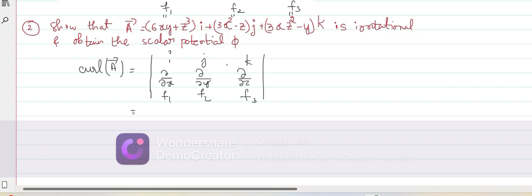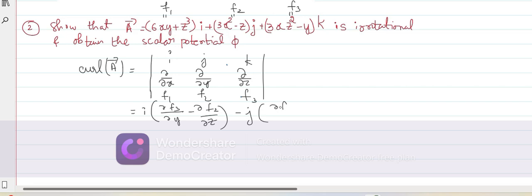Actually this is equal to what? This is equal to i into, so delete the corresponding column and row, calculate the determinant for this. It is dou f3 by dou y minus dou f2 by dou z, minus j into, again delete the corresponding column and row and write the determinant for the remaining portion.